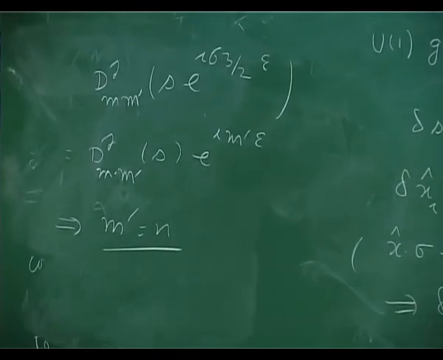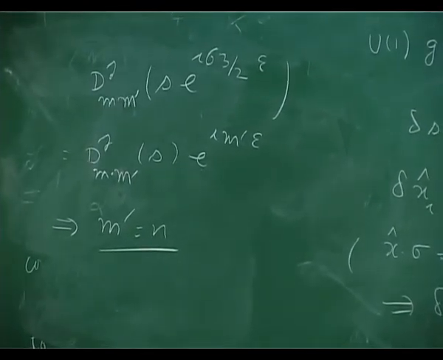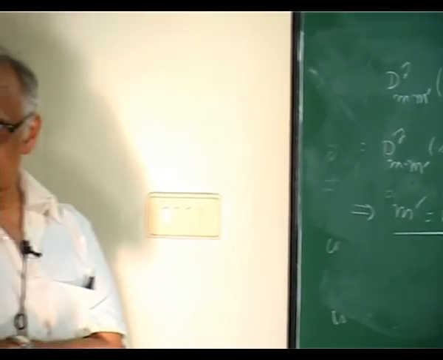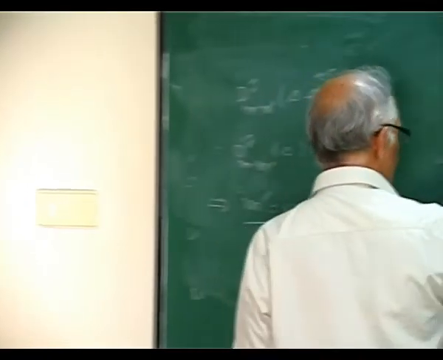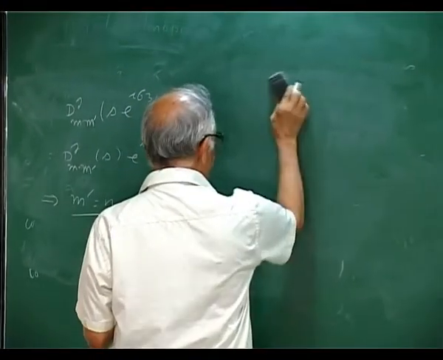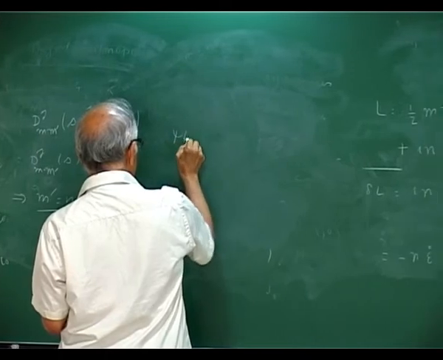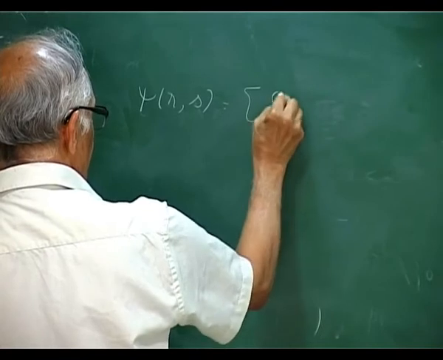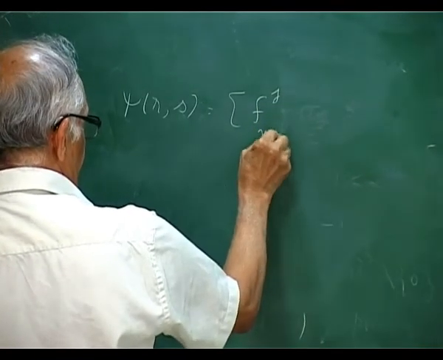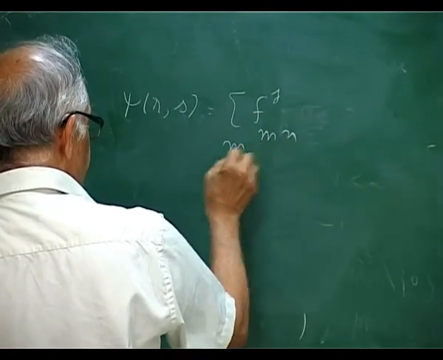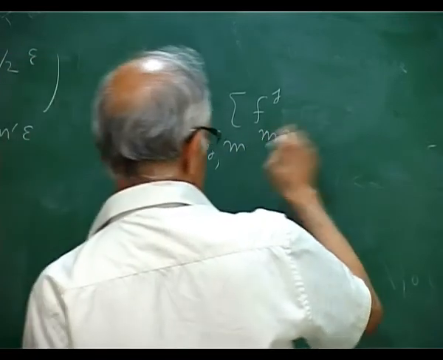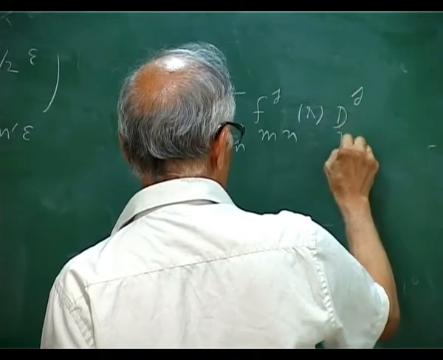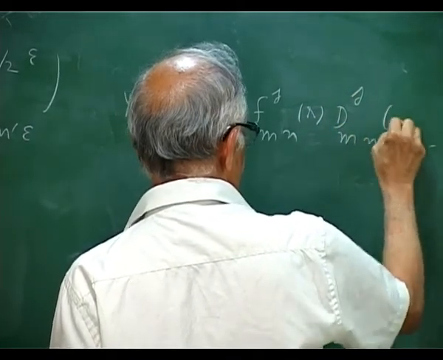To fulfill the first class constraint, namely that the right angular momentum around the third axis is fixed, the wave functions psi of r s can be written as f^j_m n, where n is fixed, and I am summing over m and j, times a function of R times D^j_mn of S.